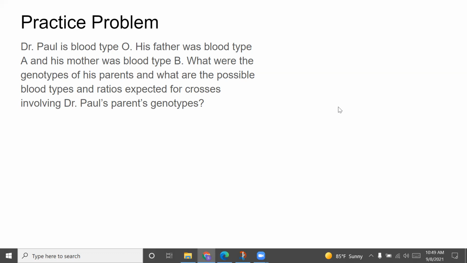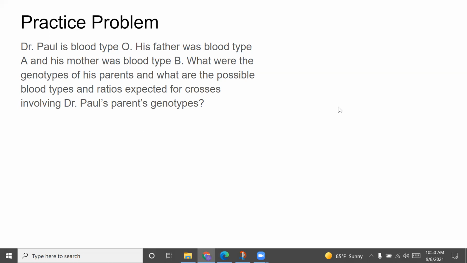Is it asking us for genotype or phenotype? It says, what are the possible blood types? What were the genotypes? Yes, sorry. It's asking for the genotypes of the parents. So the first question, what are the genotypes? We know that. Sorry, the second part that's asking the ratios.